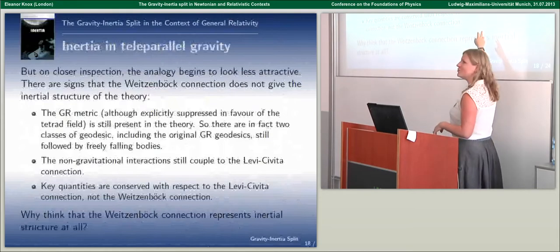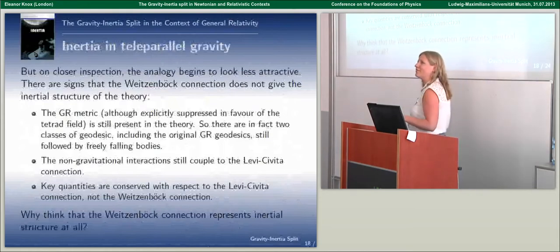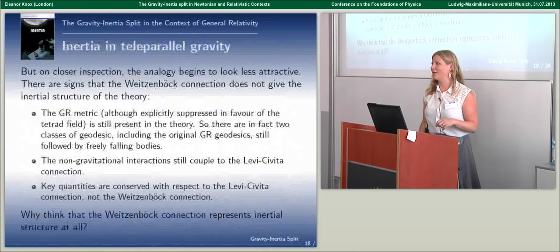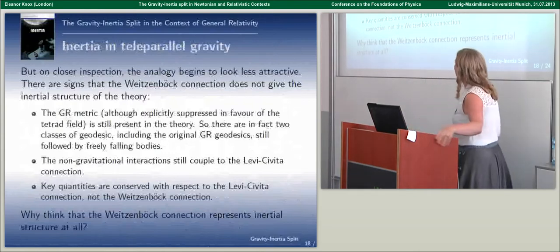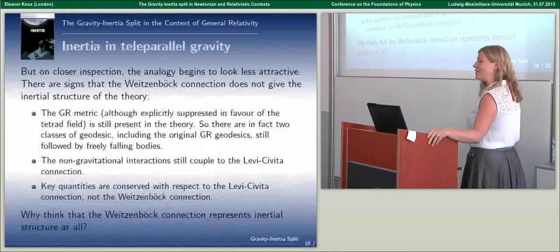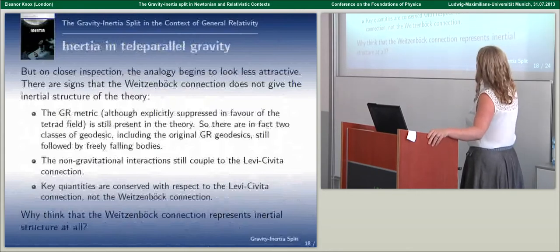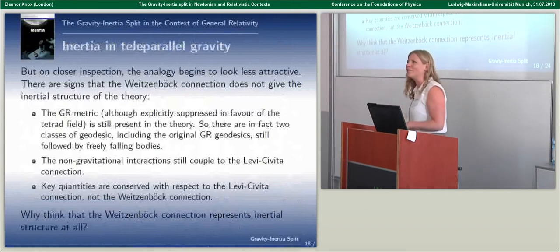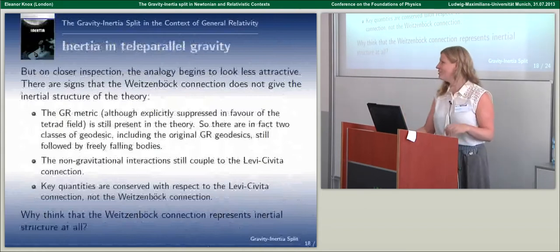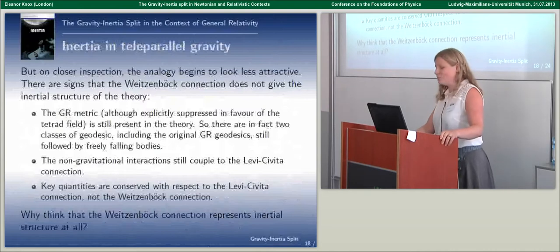And even conservation laws, of course, are defined with respect to the Levi-Civita connection, not the Weitzenböck connection. So this turns out all to be a bit tricksy. So you really end up thinking, hang on, I haven't managed to split anything off, have I? And the Weitzenböck connection doesn't seem to represent inertial structure at all. It's not playing the same role that the Levi-Civita connection did, and my Levi-Civita connection is still hanging in there, playing the same role, just written down in a gerrymandered form.